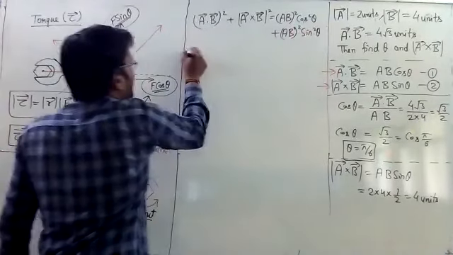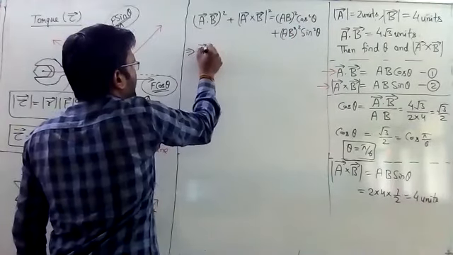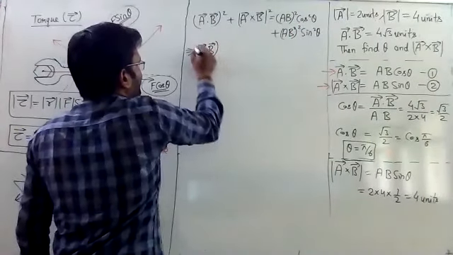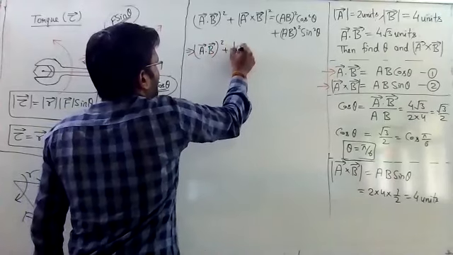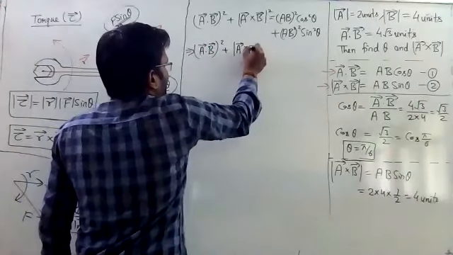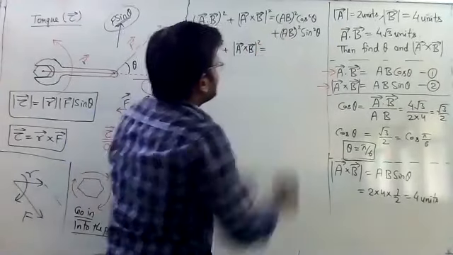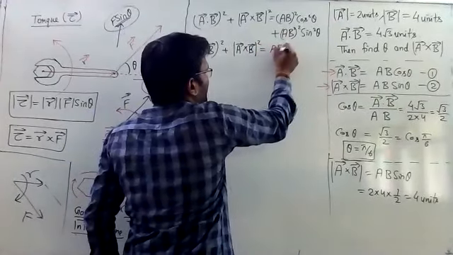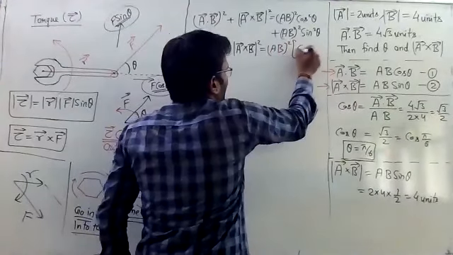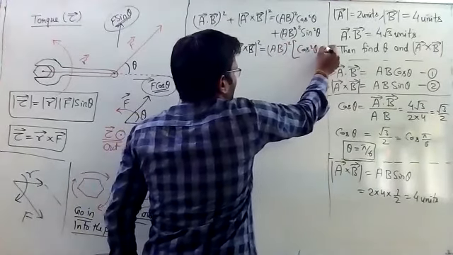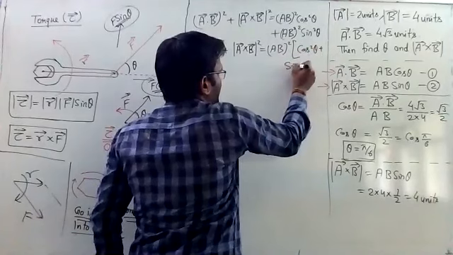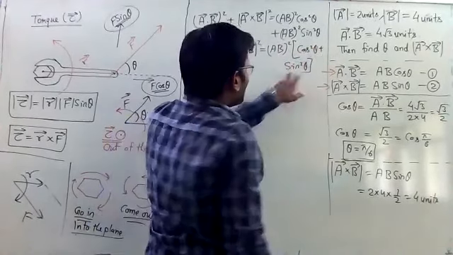If you take the common values, (A dot B) square plus (A cross B) square is equal to AB square, just take it common, cos square theta plus sin square theta, and it is equal to 1.